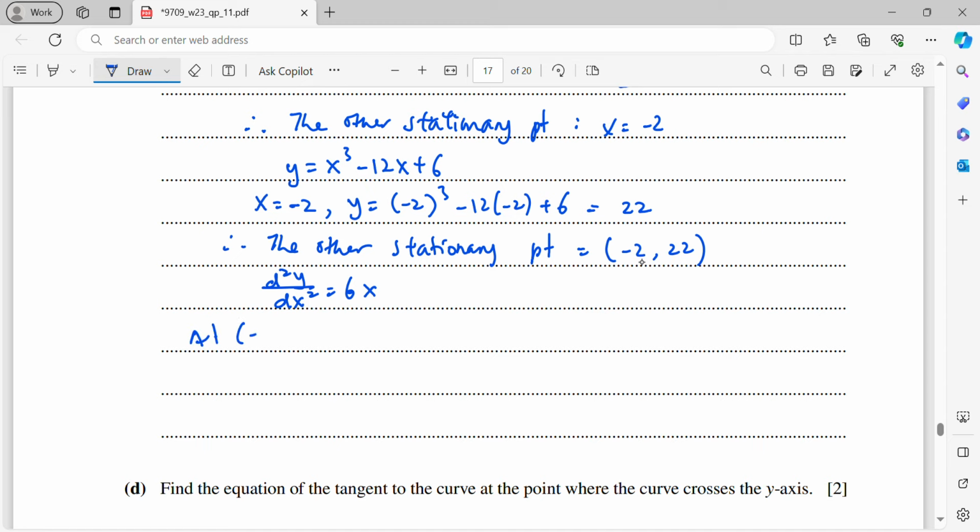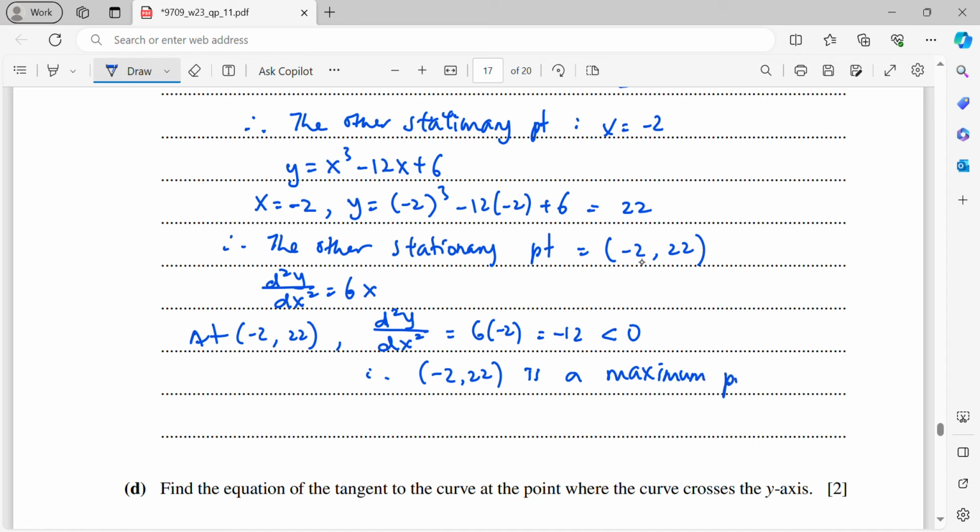So at negative 2, 22, d squared y over dx squared will be 6 times negative 2, which is negative 12, which is less than 0. So when less than 0 means that negative 2, 22 is a maximum point. So that's the solution of this part C.